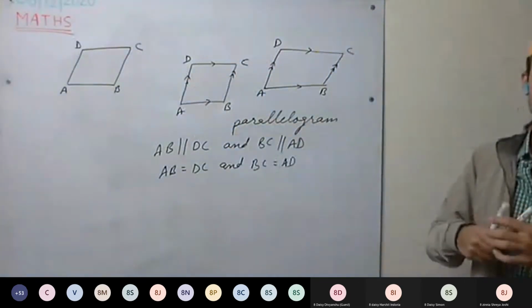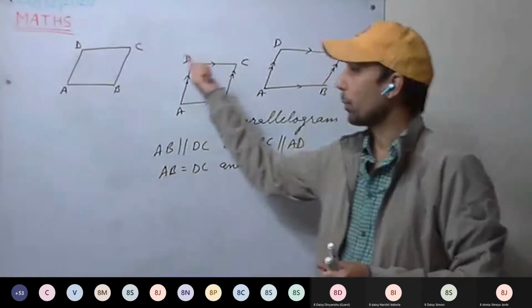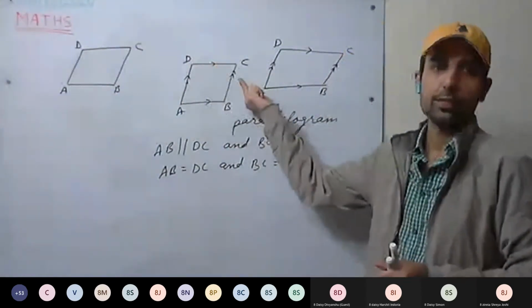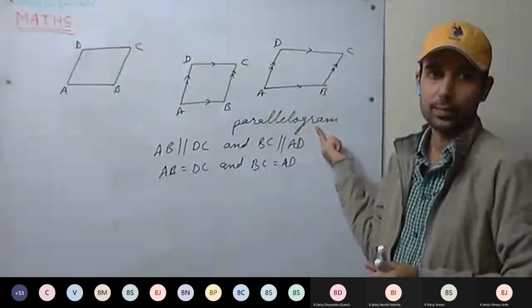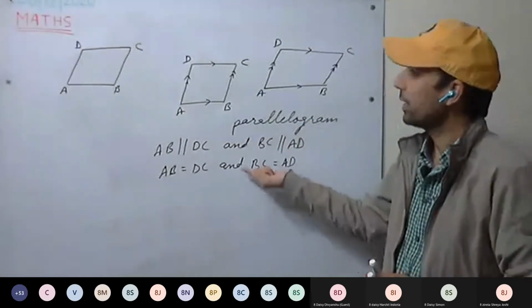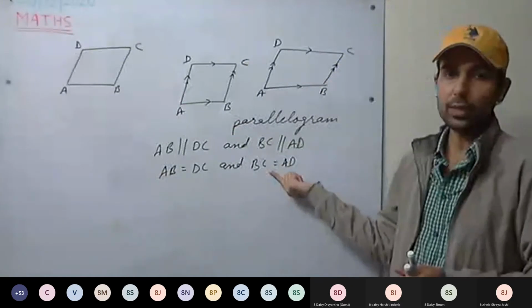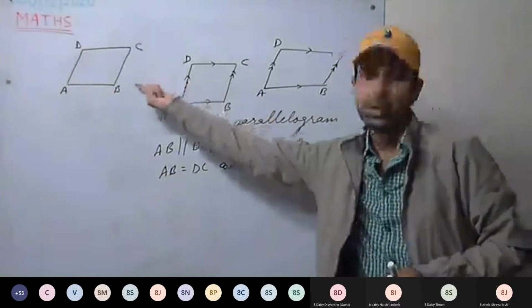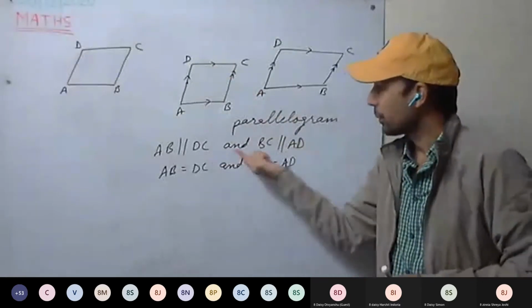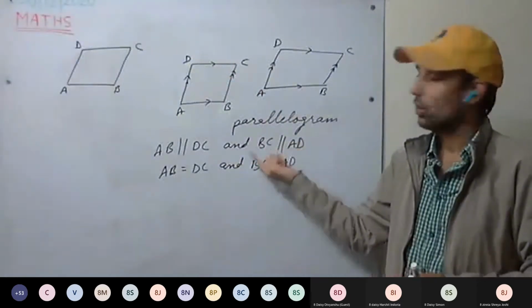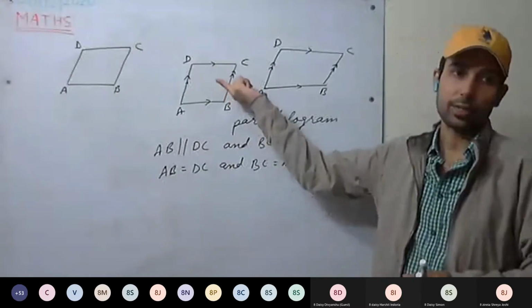In a quadrilateral, if opposite sides are parallel, then such a quadrilateral is called a parallelogram. Or we can say if opposite sides are equal, then such a quadrilateral will be a parallelogram. Either the opposite sides are parallel or the opposite sides are equal, the resultant figure will be a parallelogram.